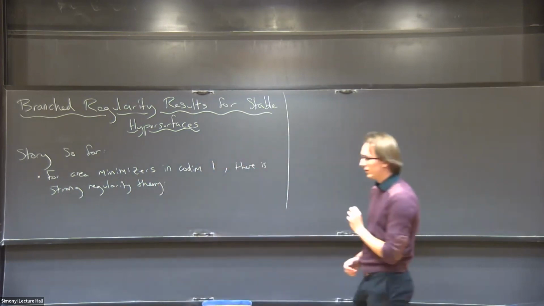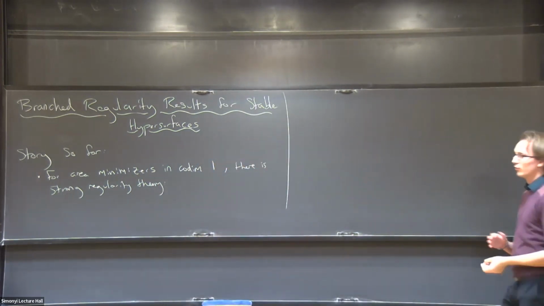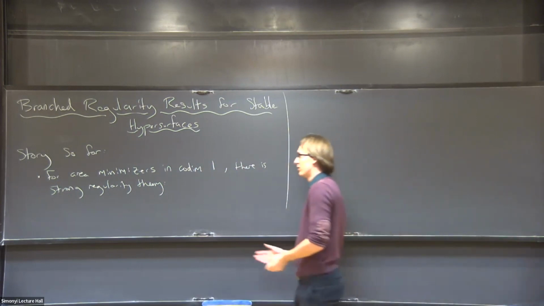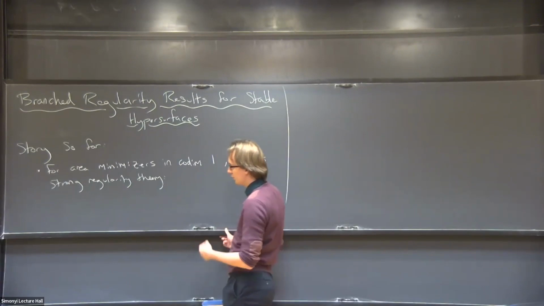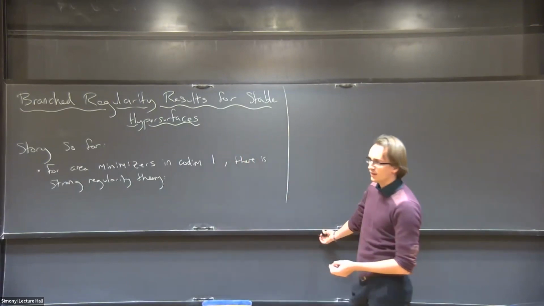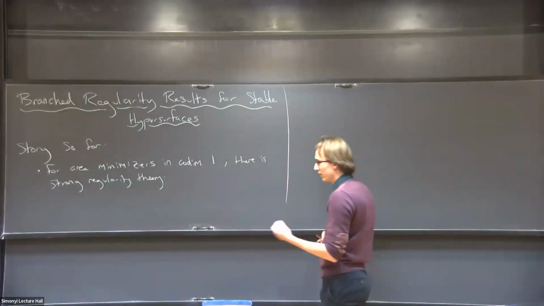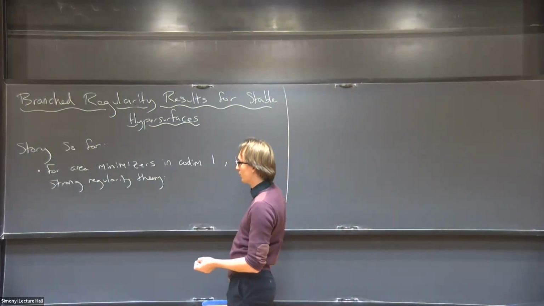It's known that the singular set, so wherever the object is not smoothly embedded, is contained within a set which is initially known to be just codimension 2 at least. Now we know actually it's even more, it's n-7 rectifiable.